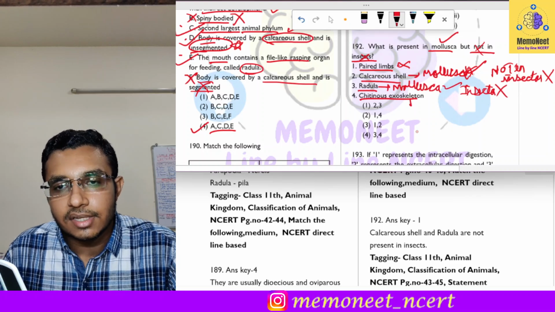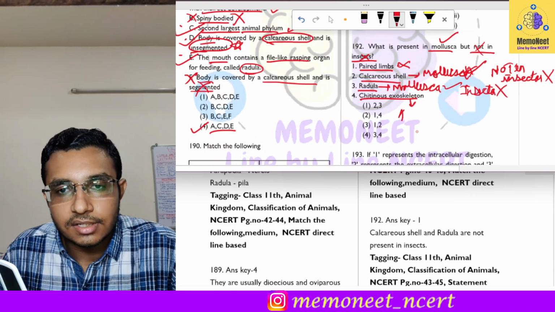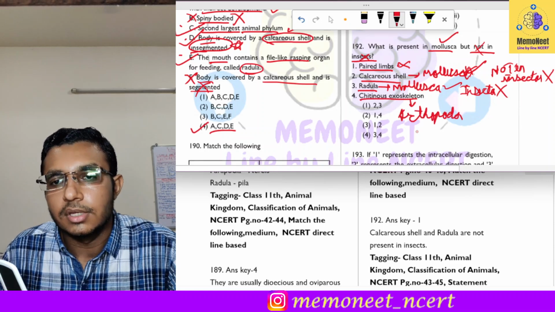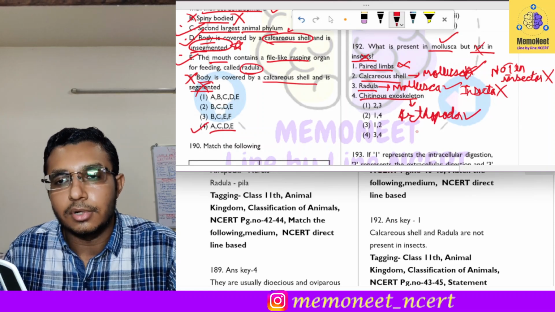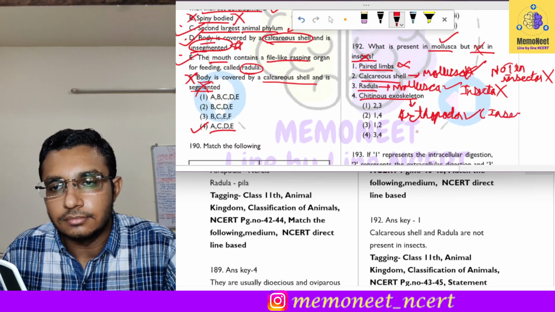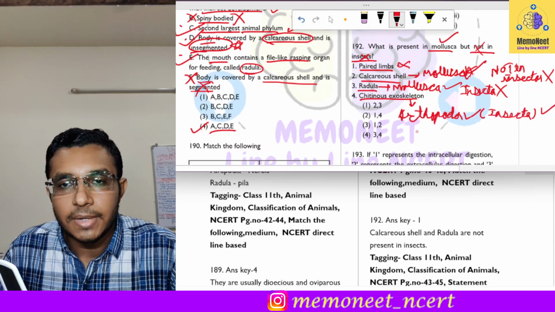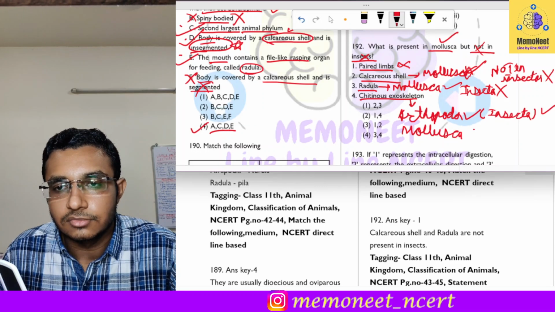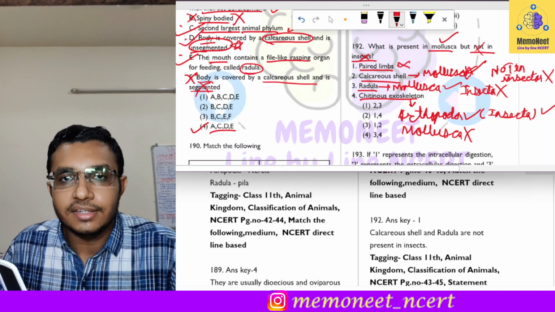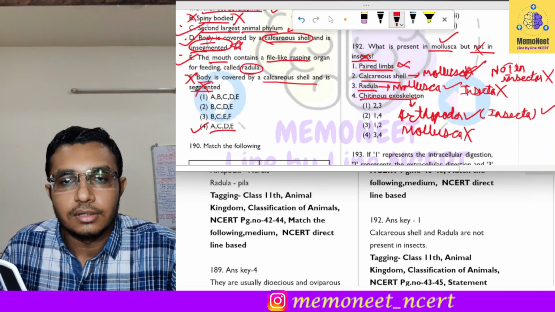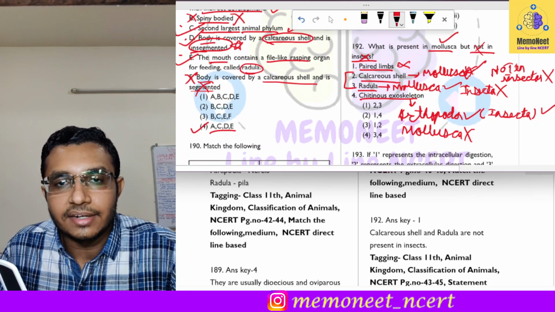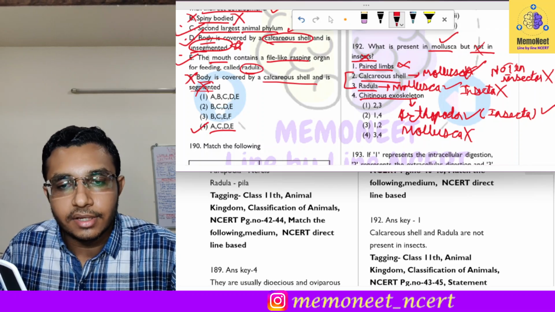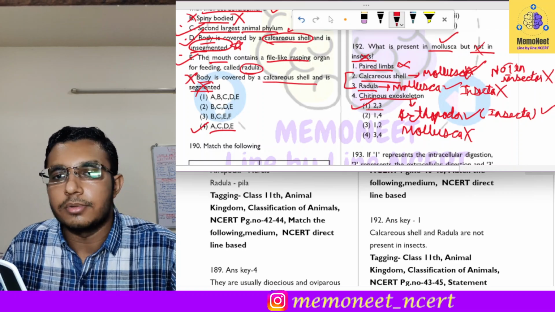The chitinous exoskeleton is the characteristic feature of the phylum Arthropoda, so it is found in Arthropoda or the Insecta, but chitinous exoskeleton is not found in Mollusca. In mollusk there is the calcareous exoskeleton. So in this, the 2 and 3, that is the calcareous shell and radula, are present in Mollusca but not in Insecta. Therefore the correct answer of this question will be option 1.